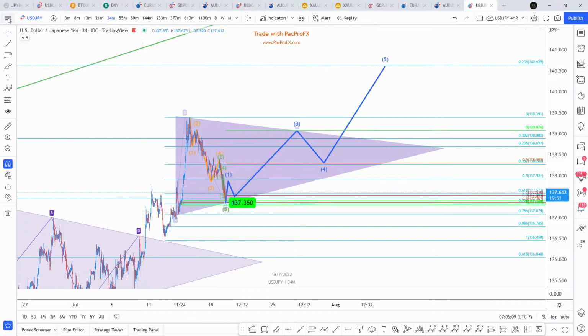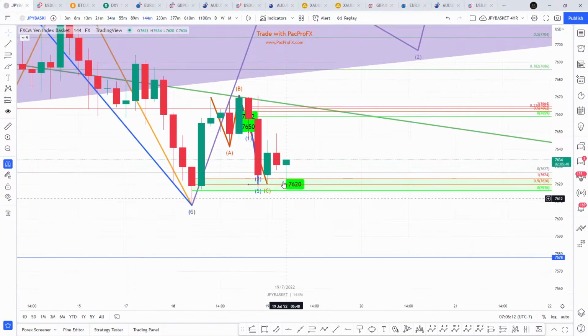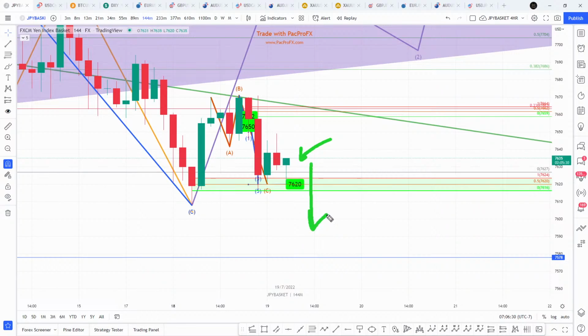Looks like the JPY got a little strength. But this is common. I'm just waiting for this thing to fake everybody out here and then basically just push down.